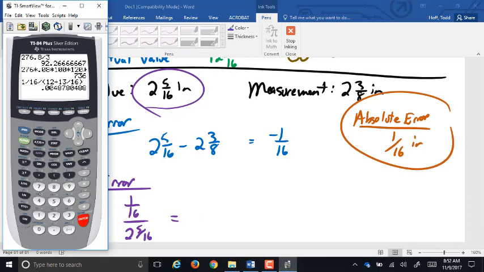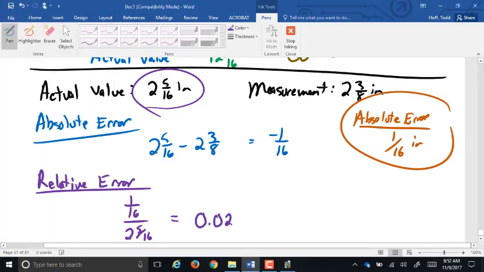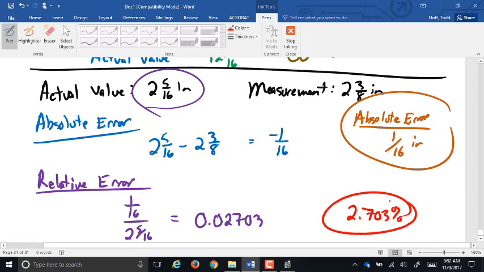So that's going to be 0.02703. That's the relative error, and as a percent, that's going to become 2.703%. That's probably too big of an error.